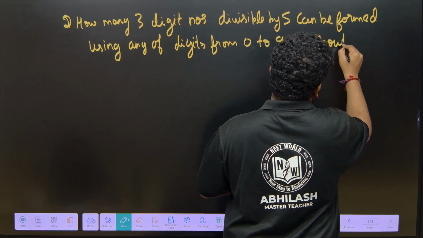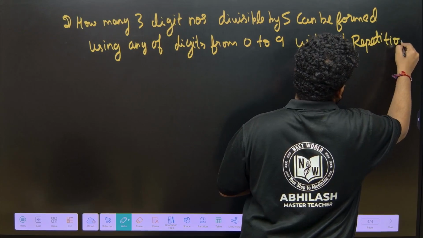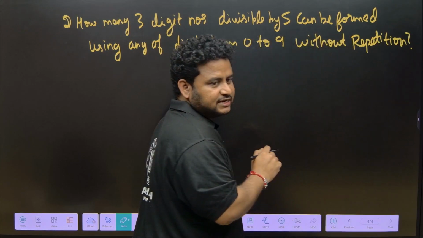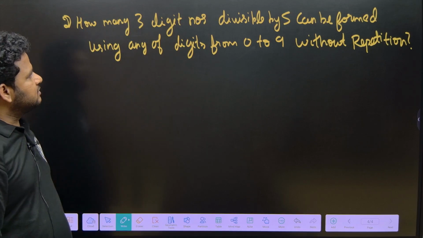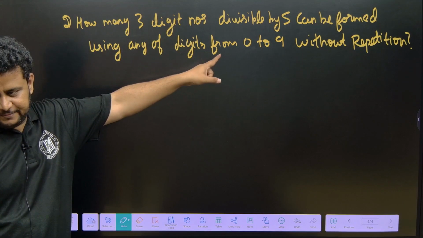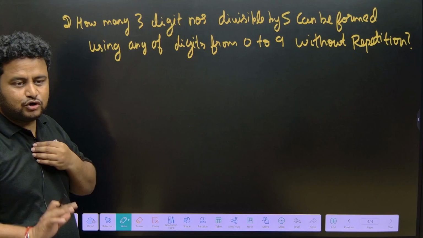Without repetition is very important. See, each and every word in the permutation and combination questions is highly important. So they are asking how many 3-digit numbers divisible by 5 can be formed using any of the digits from 0 to 9 without repetition.